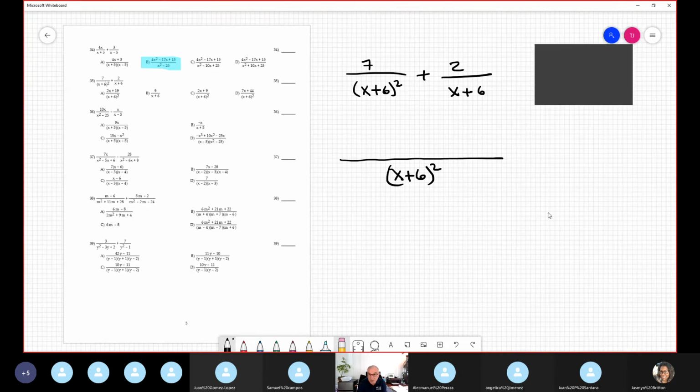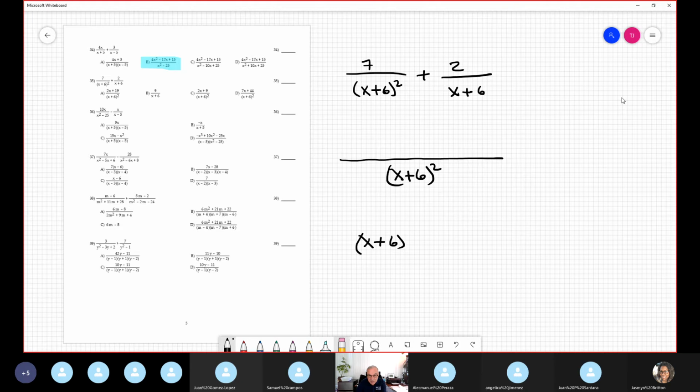Okay, now when you divide mentally x plus 6 squared, which is the LCD, by denominator 1, and denominator 1 by coincidence is the same, the answer is 1. 1 times 7 is just 7.